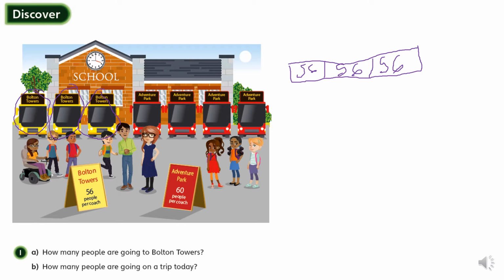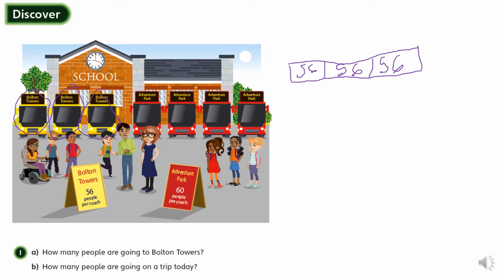So then, based on that, what type of problem are you solving? Is it a division or a multiplication? Well, I'm hoping that all of you are going, well, Miss Howard, it's 3 lots of 56, which I know, because of my maths vocabulary, is 3 times 56, or 56 multiplied by 3.